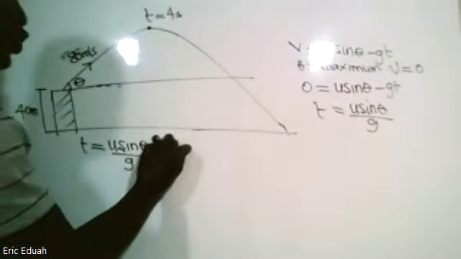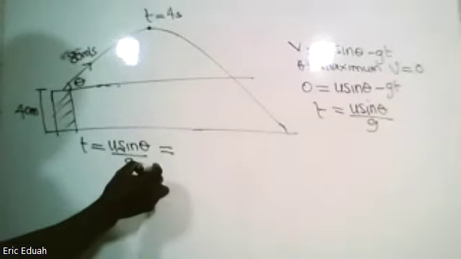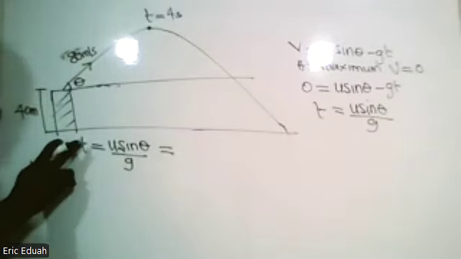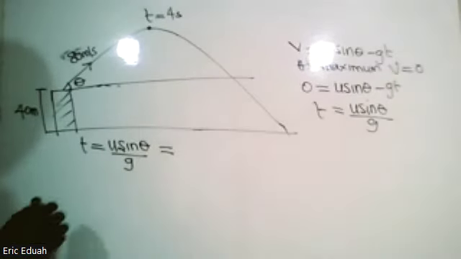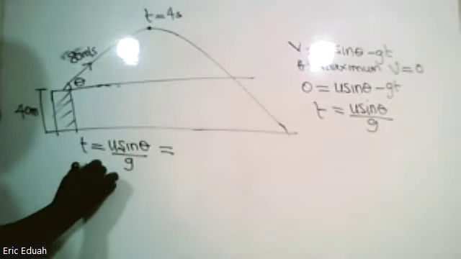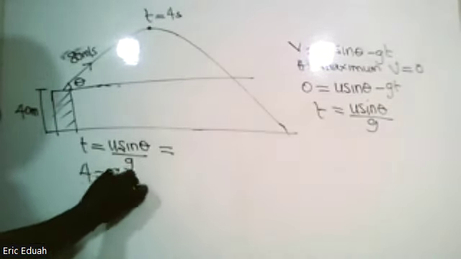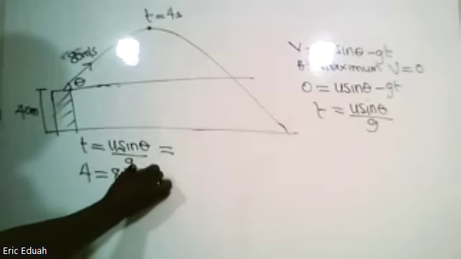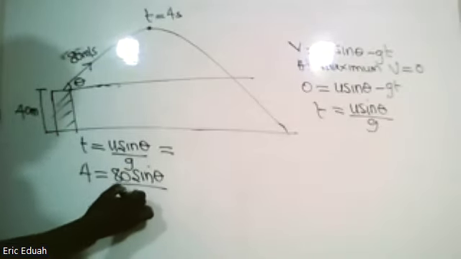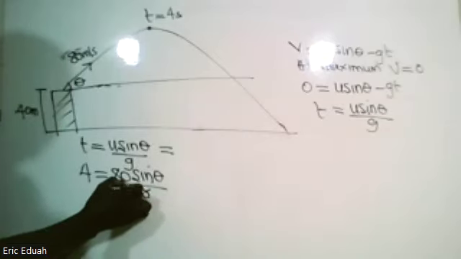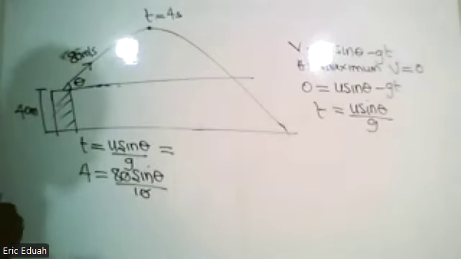Because we have u, 80, then we have this time. The time taken to reach the maximum height, we are told, is 4. So 4 equals 80 sine theta over g, which is given as 10. We can easily find theta.